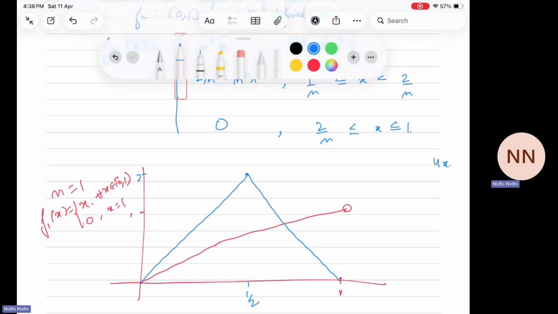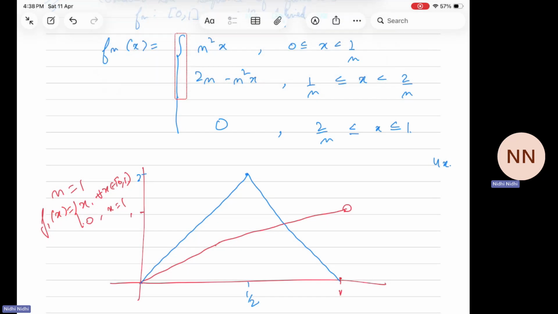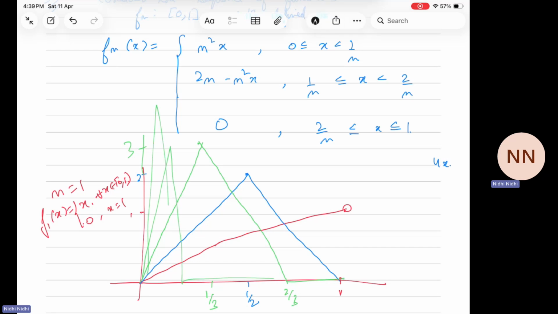Then similarly, f3 will be dividing between 1 by 3 and 2 by 3. So this graph will be something like this, then this and 0. Similarly, this will go on like this.